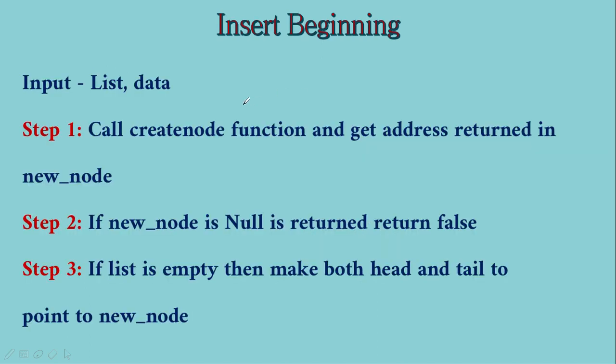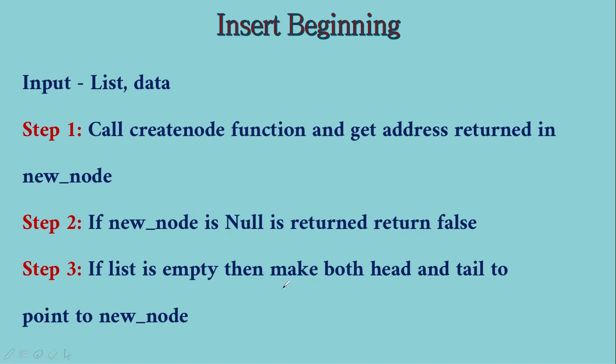So the steps involved, we can formally write. The input for this operation is the list and the data. In the first step you have to call the create node function and get the address of the newly created node, and we have to check whether the create node function has successfully done the thing. Otherwise we have to return false.